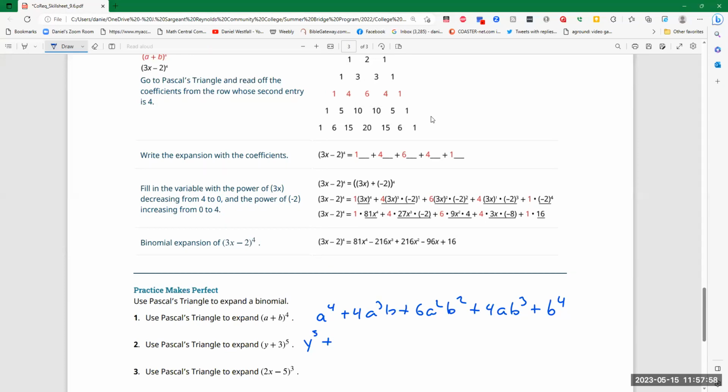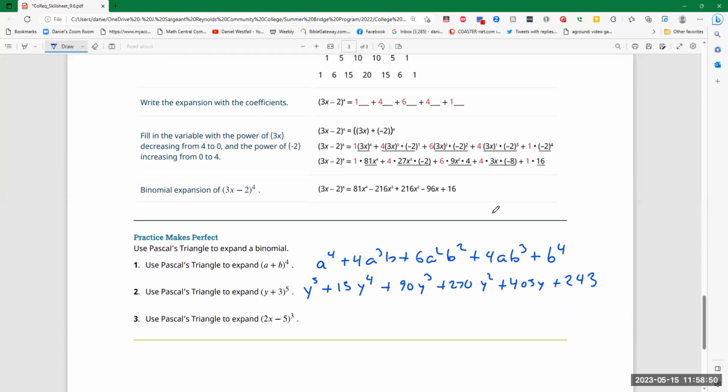So that's 5 times 3 is 15 y to the 4th plus 3 squared times 10 is going to give me 90 y to the 3rd, plus 27 times 10 is going to be 270 y squared, plus 81 times 5 is 405y, plus 81 times 3 is 243. There we go.